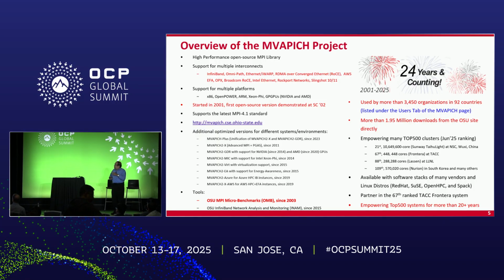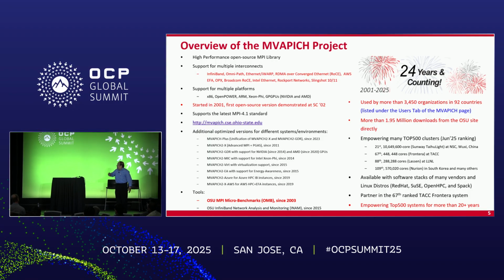We had our first demo at Supercomputing 2002 in Baltimore. At that time, even though we were showing a demo, running on an InfiniBand cluster with only 8 nodes, we were struggling. Now, you see in the market it is 8,000, 16,000, you just add 1,000 and it is still stable.